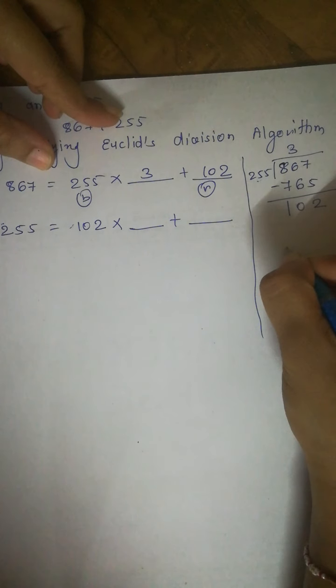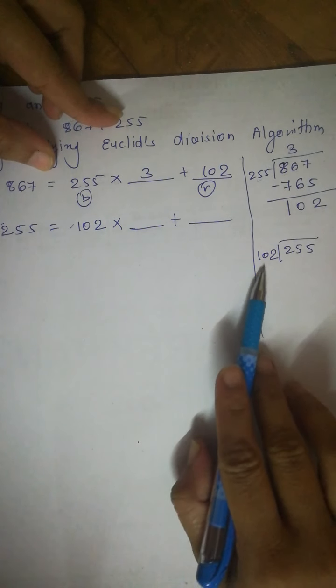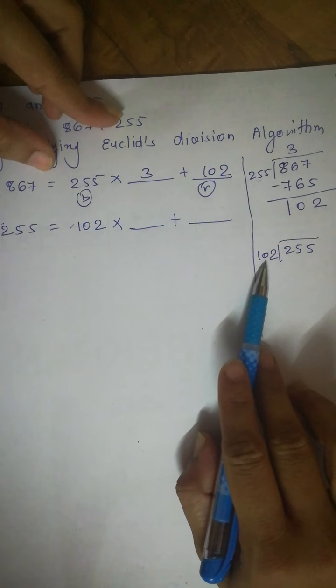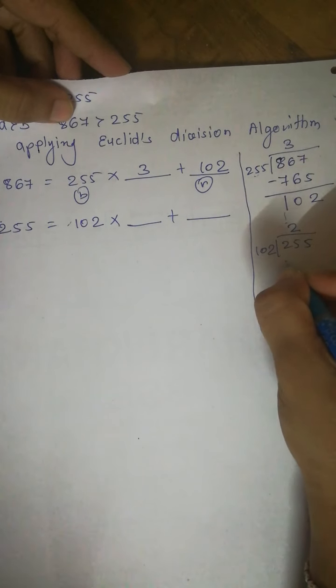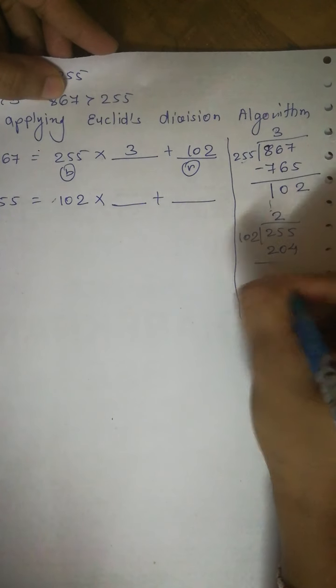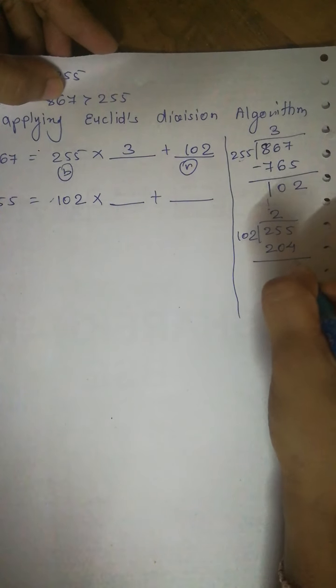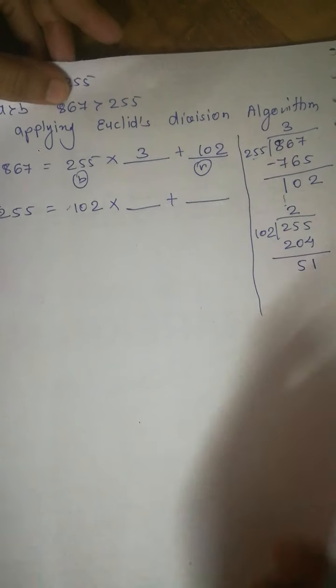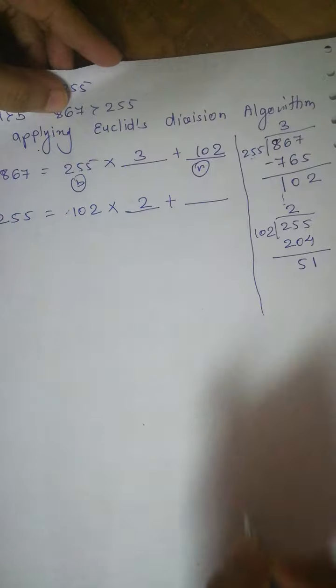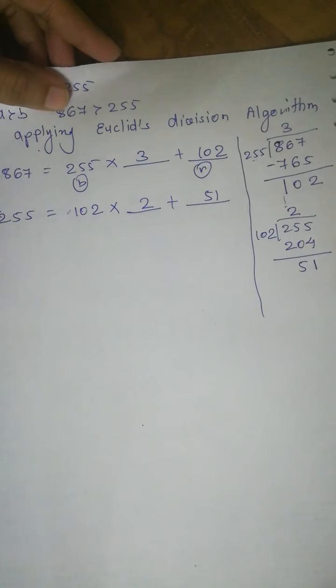Let's check out. 255 divided by 102. Again, as we assume this 100, so 100 plus 100 is 200, and 3 times is 300, which is more than 255. So let's check 100 and 2 times, it's 204. So we have 5 minus 4 is 0 and 51. Put down here 2 as the quotient and 51 as the remainder.